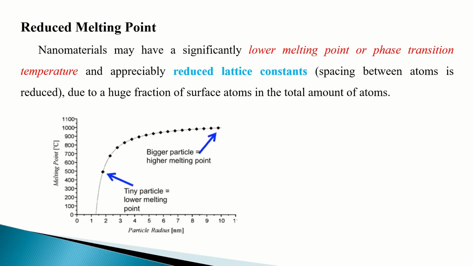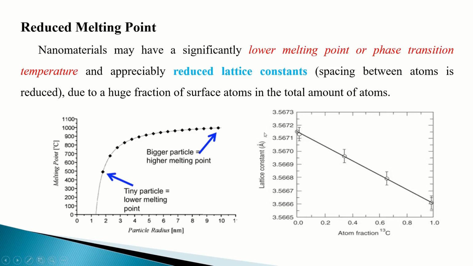For example, you can look at the graph here, melting point versus radius of a particle. So you can see that for a tinier molecule, the melting point is lower. As the size increases, the melting point also increases. Similarly, the lattice constant decreases with the increase in the number of atoms.